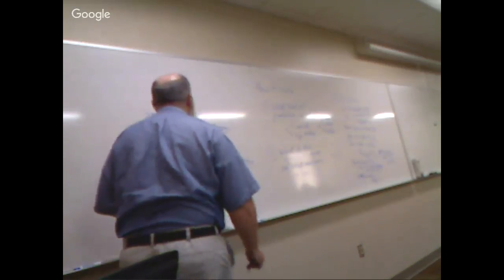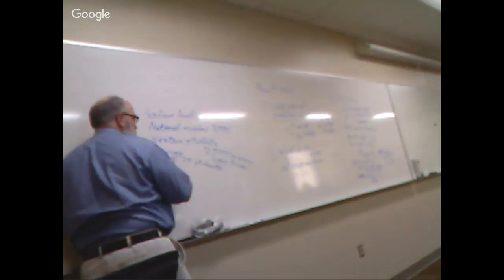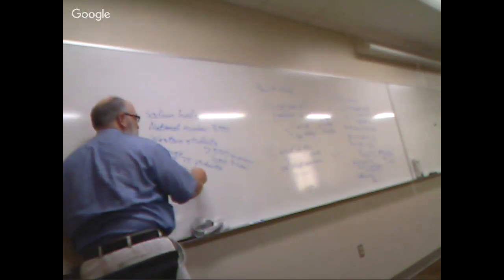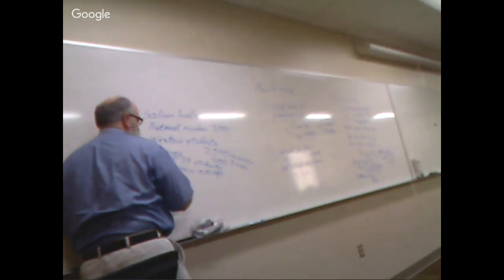And you said this is a confidence interval? No, this is not. The question is: is the Western average less than 3,000?